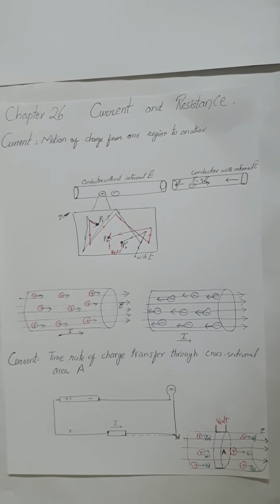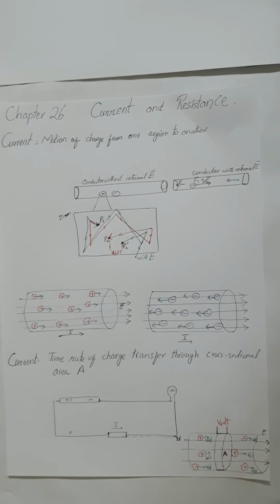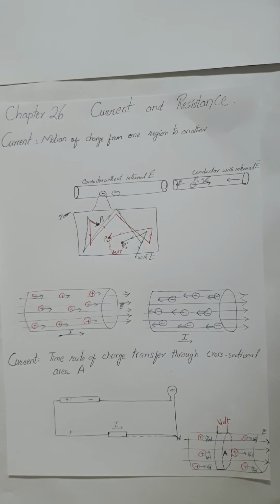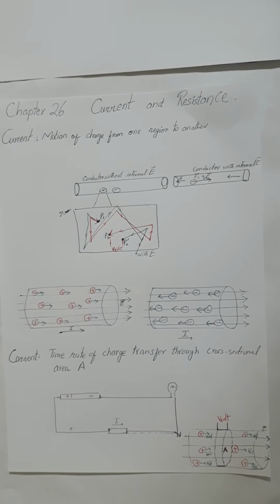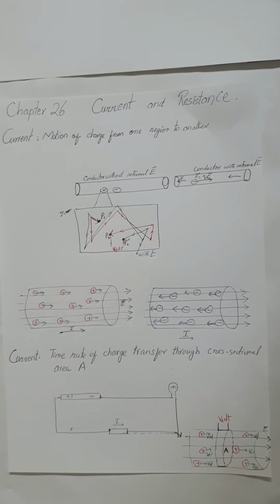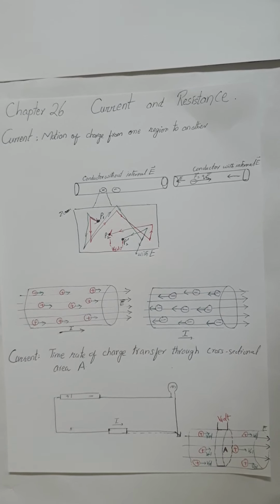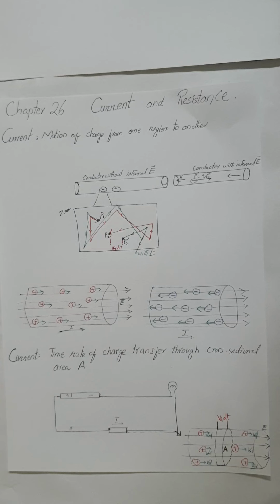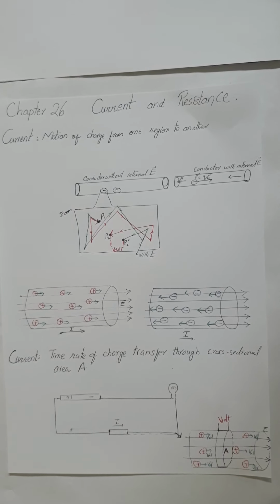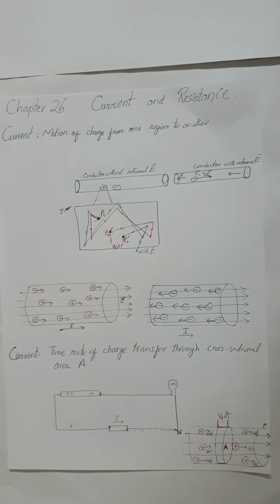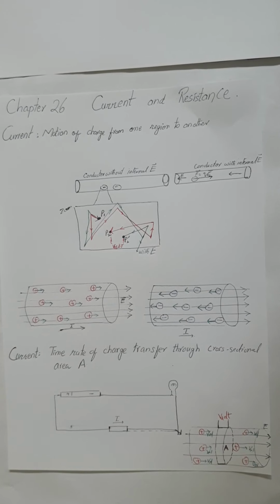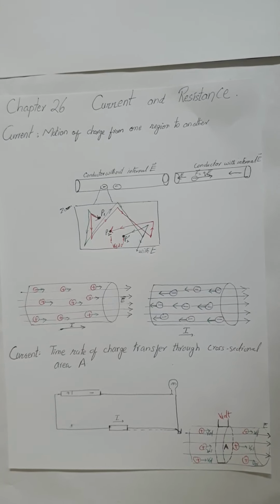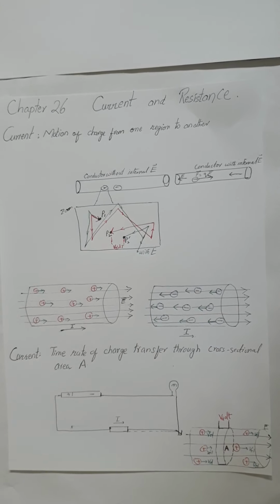These electrons cannot escape from the conducting material because they are attracted towards the positive ions of the material, and the motion of the electrons in a conductor is random, so the net flow of charge in any direction is zero. There is no net flow of charge, and of course there is no current.